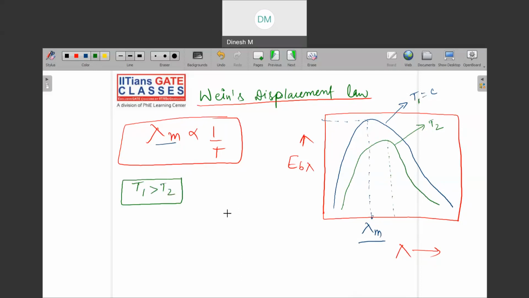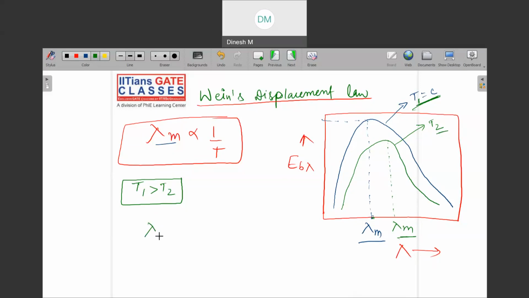When the temperature decreased, lambda m increased. So lambda m is inversely proportional to temperature: here lambda m was lower but temperature was higher, and here lambda m is higher but temperature is lower. This observation is called Wien's displacement law.